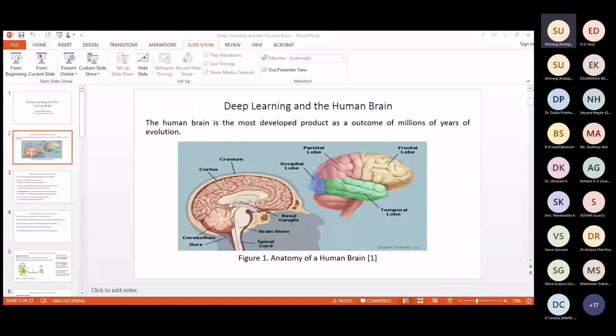This feedback can be positive or negative, also called a reward or a penalty. If you take a correct action, you get rewarded. If you take a wrong action, you are penalized. So this is the fundamentals of reinforcement learning.